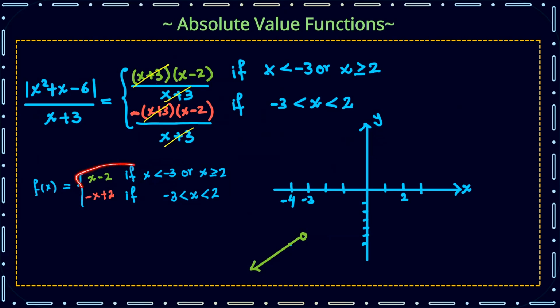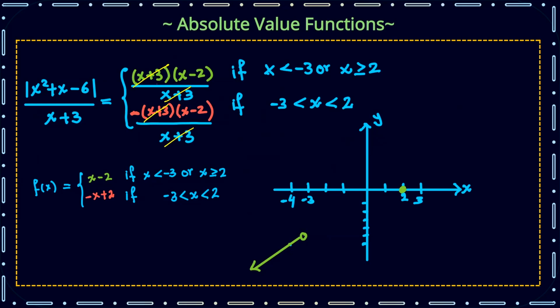Now, this line is going to be also drawn on the interval x greater than or equal to 2. We're going to start by plugging 2. This interval starts at 2. Put 2 there, you get 2 minus 2, which is 0. I have to use a solid point because 2 itself is included. To choose a second point, we can take a number such as 3.